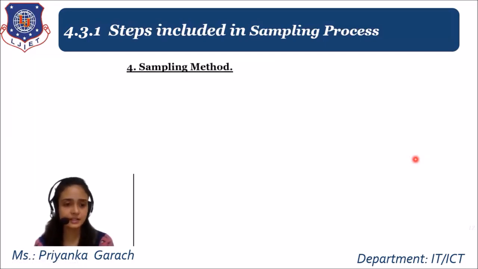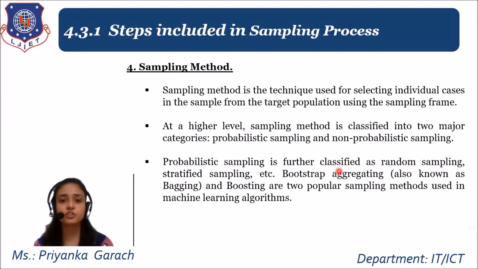The fourth one is the sampling method, that which sampling method should be used. So the sampling methods are classified into two categories, that is the probabilistic sampling and the non-probabilistic sampling. So the probabilistic sampling can be further classified into various categories that we will see in our next lecture.